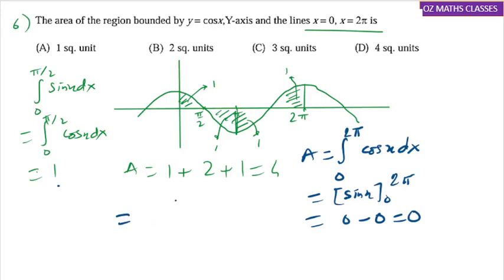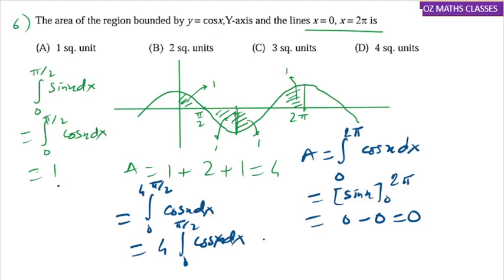So here you write like this: 4 times the integral from 0 to pi by 2 of cos x dx. So take the 4 ahead and now integrate cos x dx. If you integrate this, you will get the correct answer. But if the lower limit and upper limit both give the same value of integration, you will always get the wrong answer.